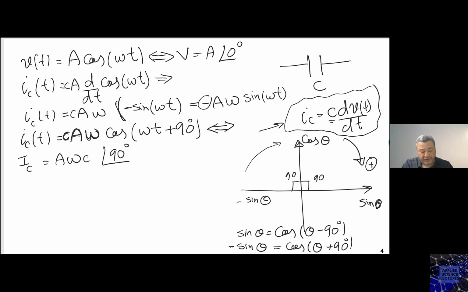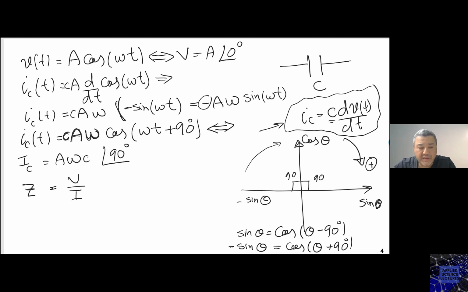So now we need to define what's called the impedance of this capacitor, which is basically the voltage divided by the current. Remember, in DC circuits, we use the resistance to define the relationship between the voltage and the current. At that time in DC, capacitors were an open circuit, inductors were a short circuit, right? In DC.